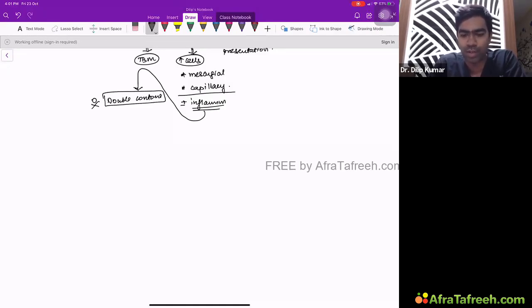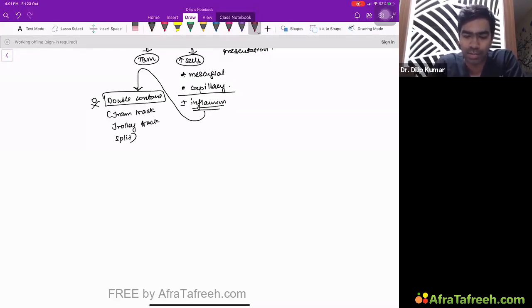This base membrane, thickened base membrane with double contours. So double contour appearance is also otherwise referred to as a tram track appearance, or a trolley track appearance. Or you can even think about a split appearance, base membrane split. So any of the terms can be asked: tram track, trolley track, split appearance.